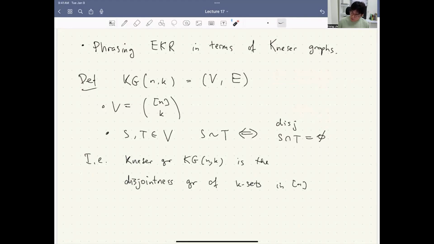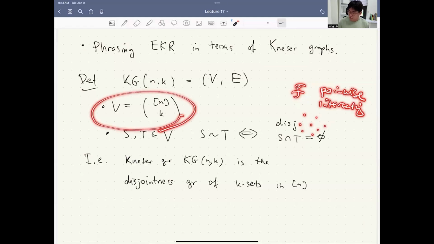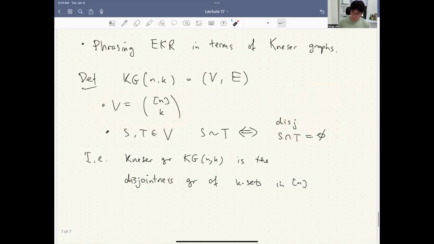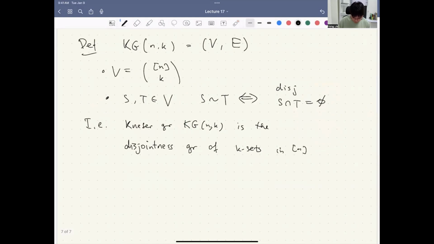So if a family F is pairwise intersecting, an intersecting family, then the elements of this intersecting family, which are a set of vertices in here, form an independent set.